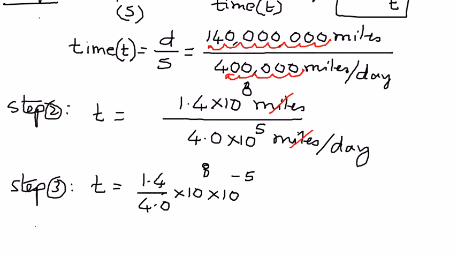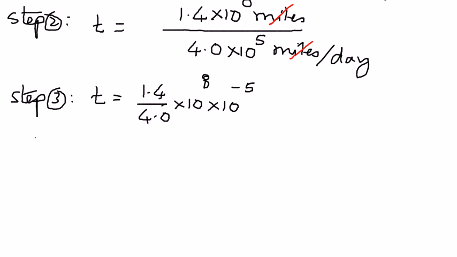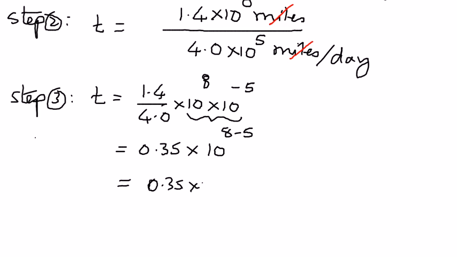Therefore, 1.4 divided by 4.0 gives us 0.35, times, since the bases are the same, we can combine the powers, 8 minus 5. So 0.35 times 10 to the power of 3 is what we are left with.